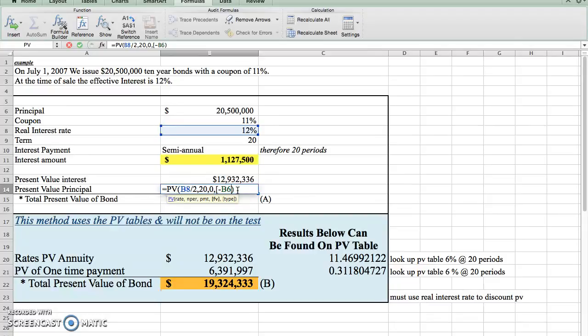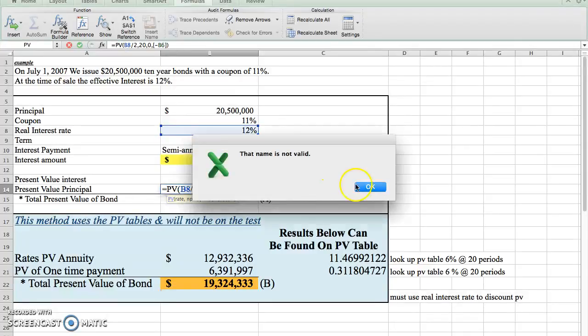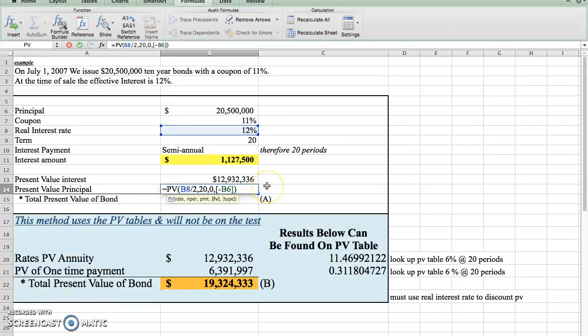I'm assuming that you will have a nice table to fill out when you're doing this. Now I'm going to press enter. Oh, I got an insufficient formula, so I have to go back and change this. As I do this, I now have the present value, discounting at 12% over 10 years or 20 periods, is only worth 6.3 million.